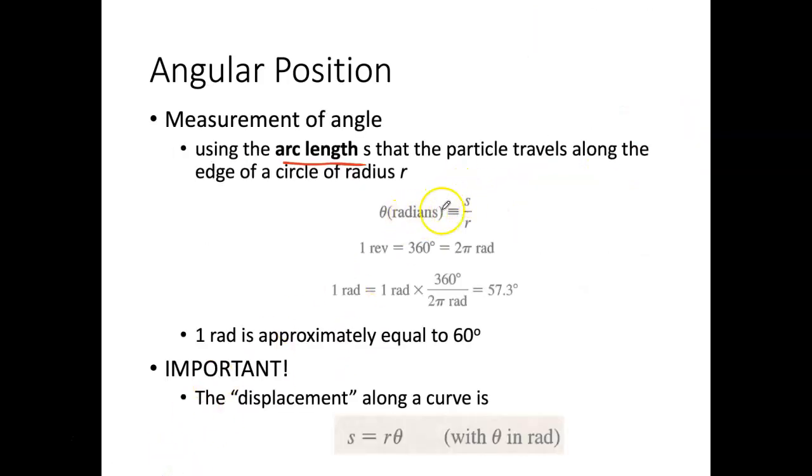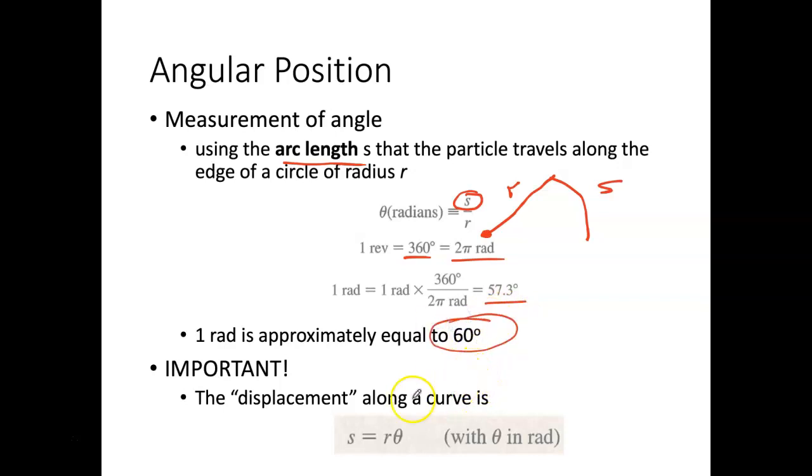And the angle in radians is just the length of that curve, divided by, and if this was the center of the circle, this would be r. So it would be this thing divided by this thing. One revolution we know is 360 degrees. That is 2 pi radians. Those are the same, and so 1 radian is about 57.3 degrees, or about 60 degrees, so you can round it up.